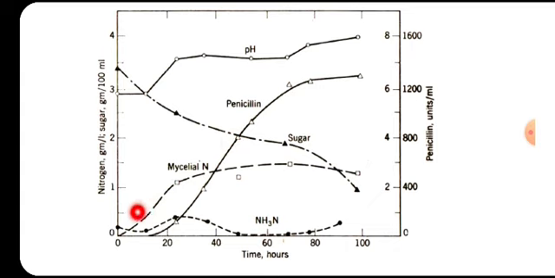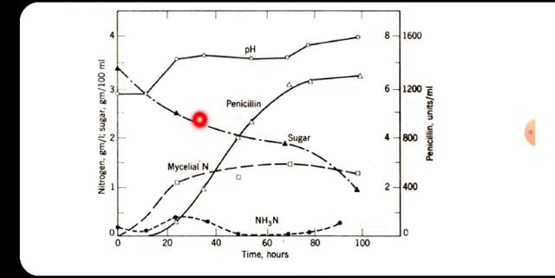This is the course of production of penicillin. In the beginning, there is no penicillin production due to the lag phase. During this phase, the Penicillium mycelia are growing, and there is utilization of glucose. This is where the lactose is being utilized, and there is maximum synthesis of penicillin, which goes up to 1500 international units per ml.